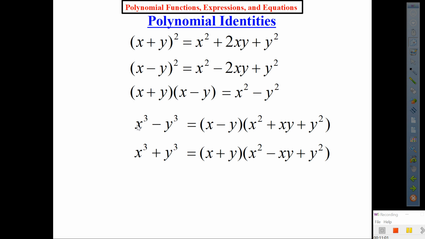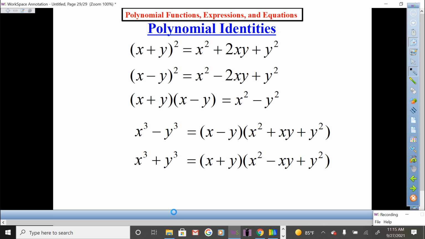The fourth one, x cubed minus y cubed equals parentheses x minus y, close parentheses, open parentheses x squared plus xy plus y squared, close parentheses. And the fifth one, x cubed plus y cubed equals parentheses x plus y, close parentheses, open parentheses x squared minus xy plus y squared.